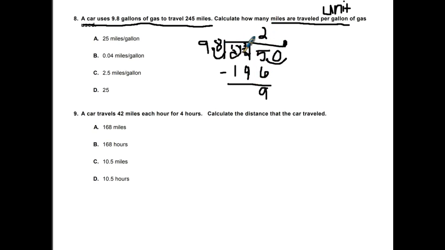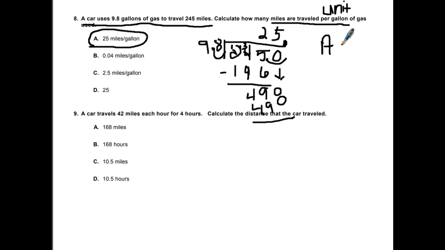And when I subtract, okay, 49 is less than 98, and I'm going to bring down a 0. 98 is going to go into 490 5 times. 5 times 8 is 40. 5 times 9 is 45, plus 4 more is 49. And your miles per gallon, 25 miles per gallon. So you're going to write here that A is the correct choice. Okay? A, correct choice.